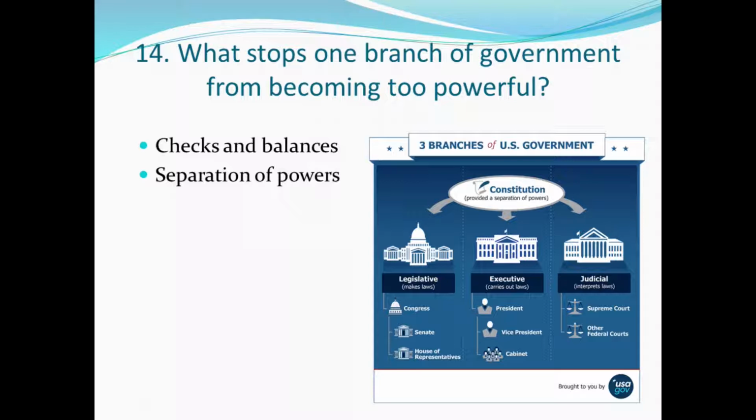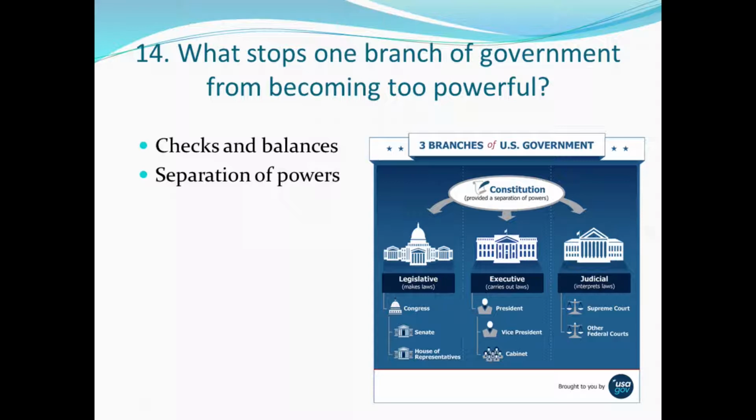Now, if the president decides to veto the bill and sends it back, the legislative branch can take another vote. And if they can get a 2/3 majority vote, they can override that veto, bypassing the president. So, in that relationship between the executive and the legislative branch, neither one has absolute power over the other. They share the power to make new laws.